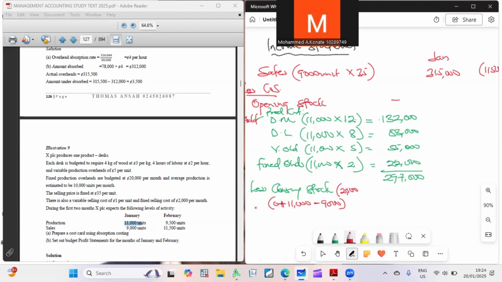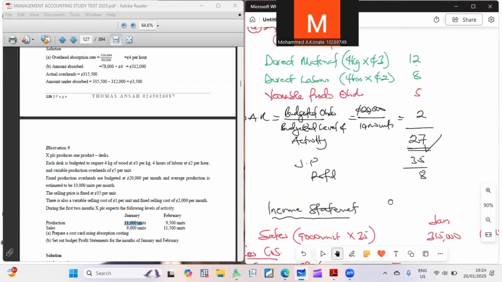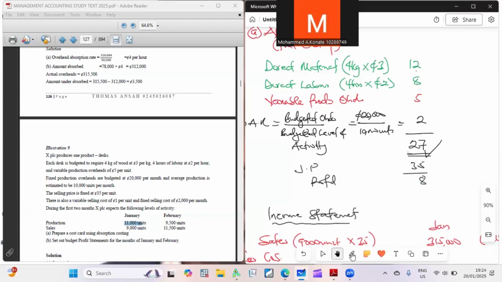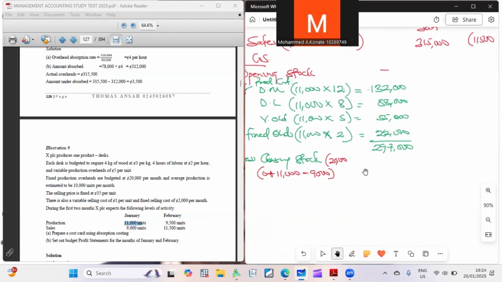And we price the 2,000 using the absorbed pricing. So what we absorb in, we will use the absorption costing to do the closing stock. And per the absorption costing, this is the value of a closing stock. All right. And so we are going to price this one at 27. So that is it.